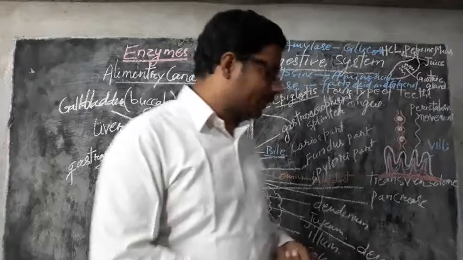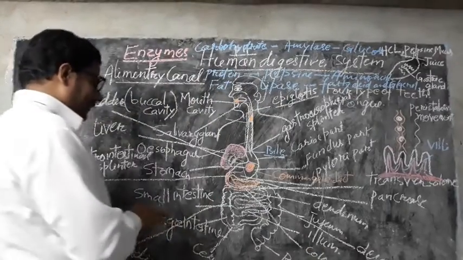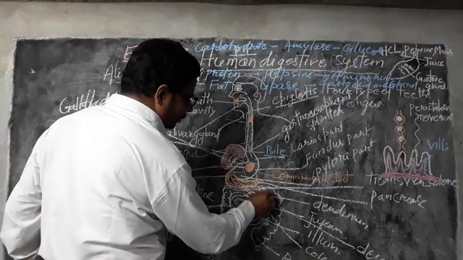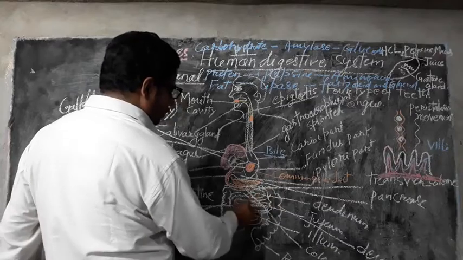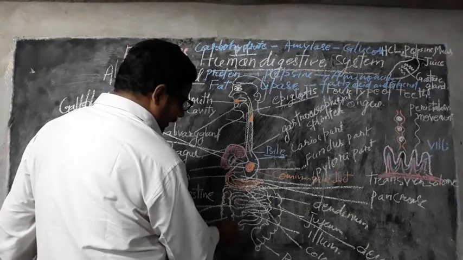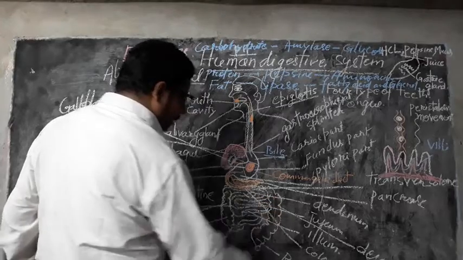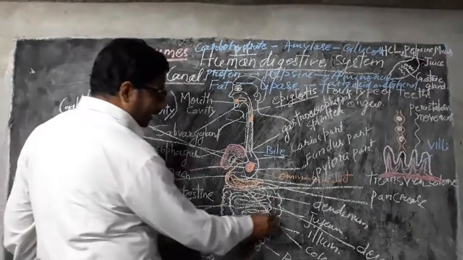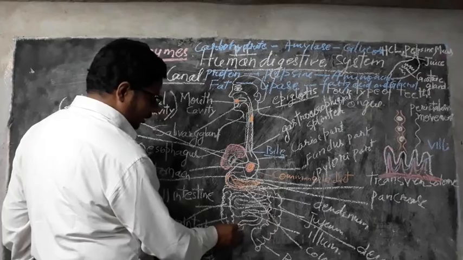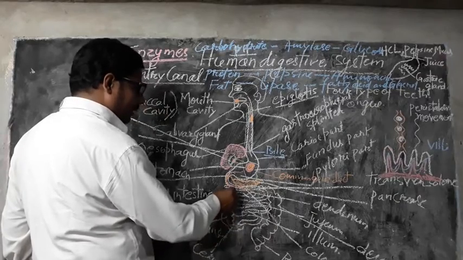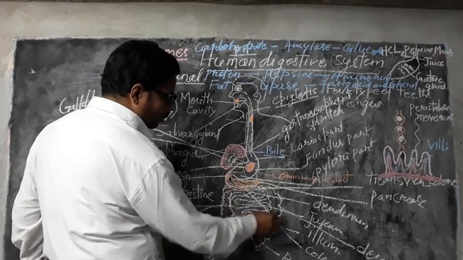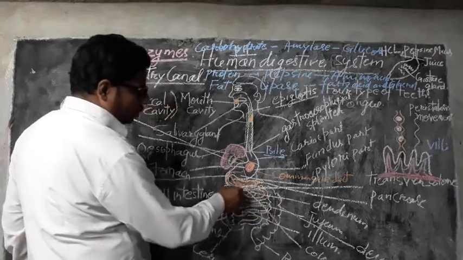Now what happens? The undigested food material moves into the large intestine, passing through the different colons: ascending colon, transverse colon, and descending colon.